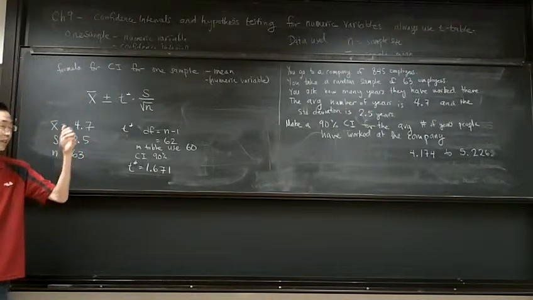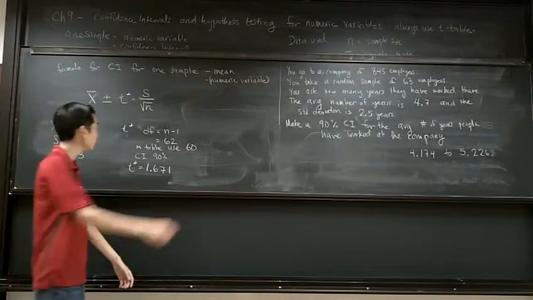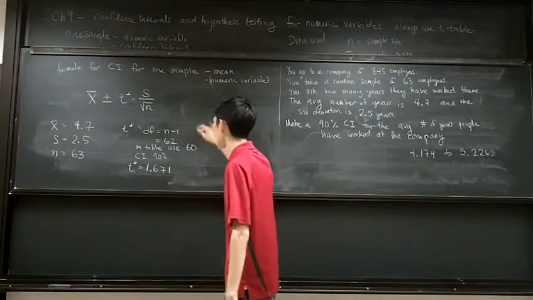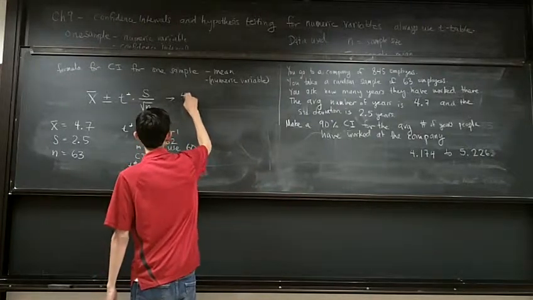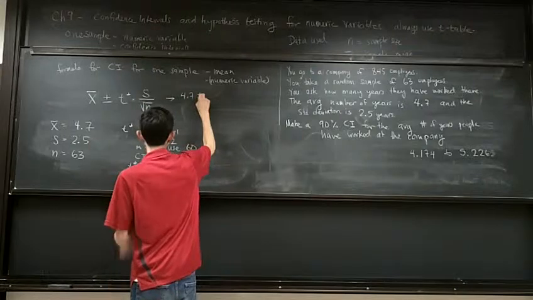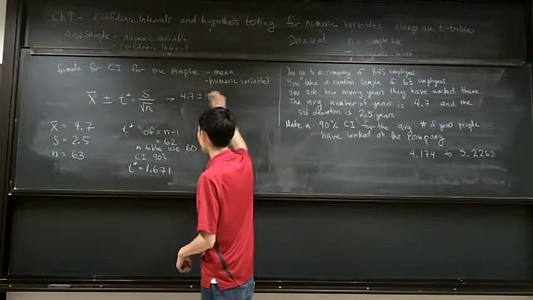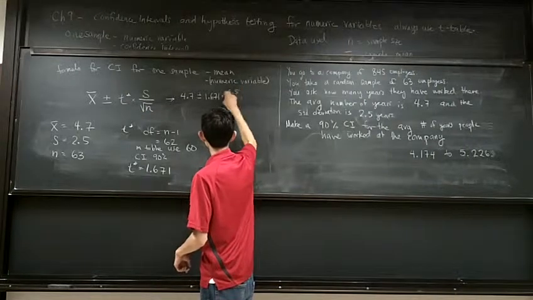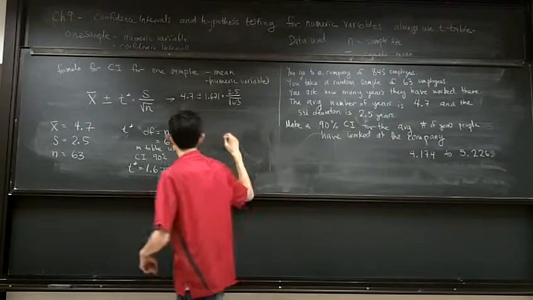Alright, now that we have all of this, we just plug it in. So x bar plus or minus T star times S over the square root of n becomes 4.7 plus or minus 1.671 times S, 2.5, divided by the square root of 63.